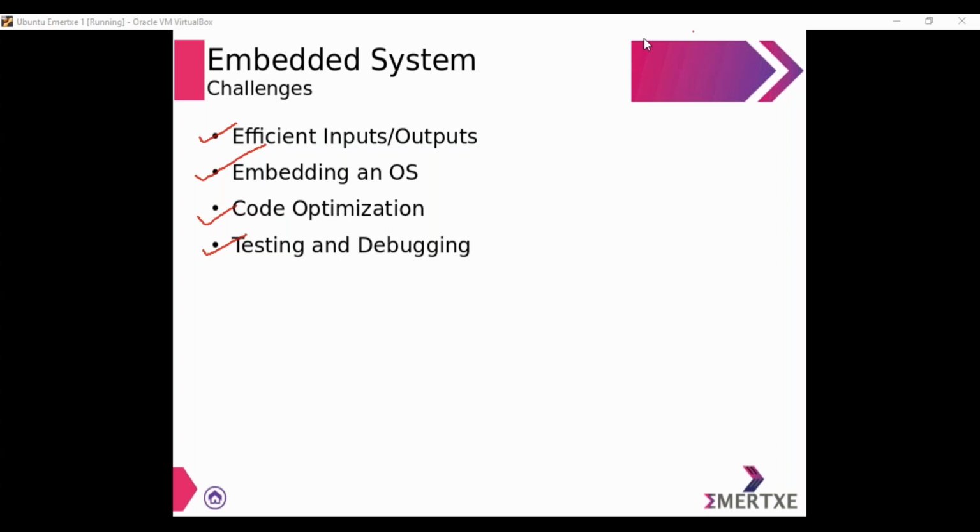So testing is always very important while having an embedded system design. Yes, these are the challenges you might face while having an embedded system design. I hope it is clear.